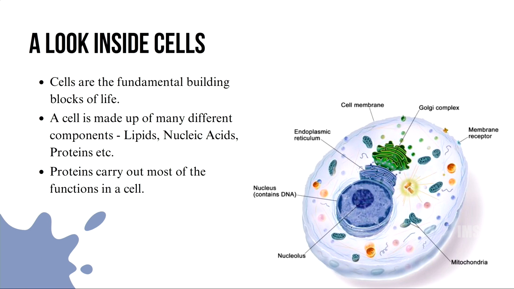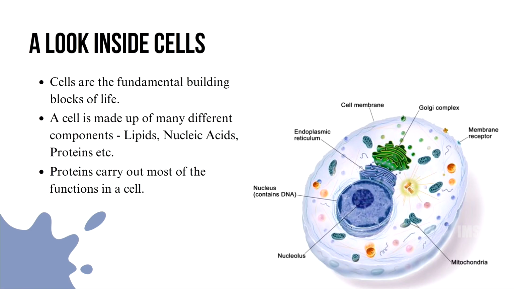And cells are mostly composed of three prime components. They are called lipids, nucleic acids, and proteins. So why have I listed these three names? Let's talk about what a cell has to do. A cell has to differentiate itself from its surroundings, so it needs a boundary of some sort.